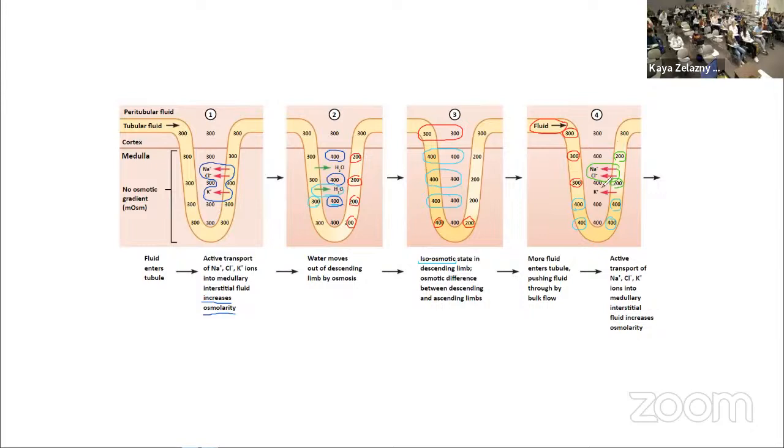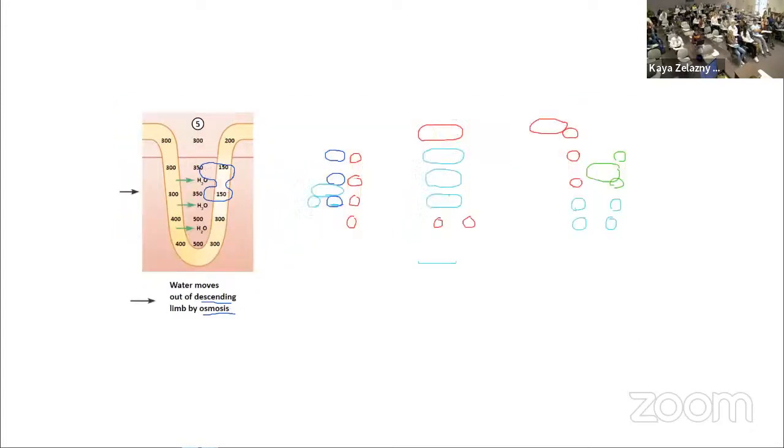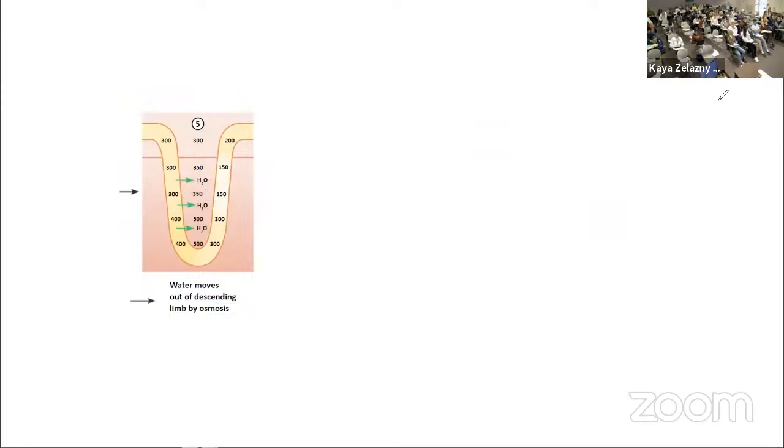So this is still keeping that osmolarity of the medulla nice and high. This situation continues to exert a pull on the water. So water is going to continue to have force pulling it into the medulla. So we're going to see in the descending limb, we keep having water move.